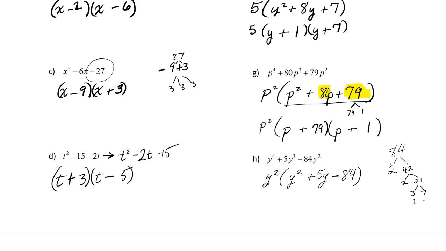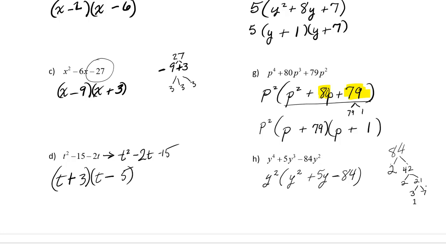And so what I'm doing is I'm prime factoring. I'm making myself a factor tree, and I need to see if there's a way to regroup my factors to make 84 so that when I multiply them, I still know they'll multiply to get a product of 84, but they will add to 5.